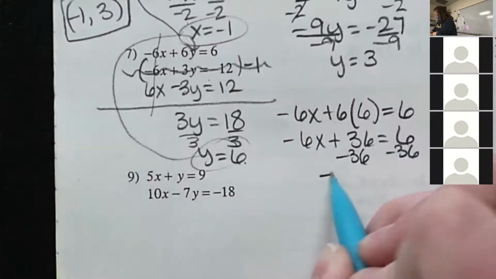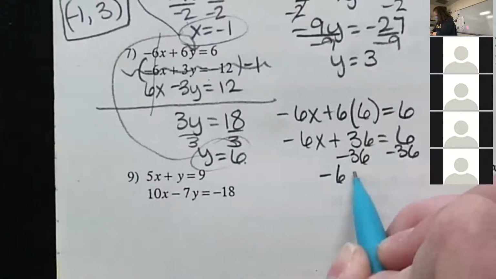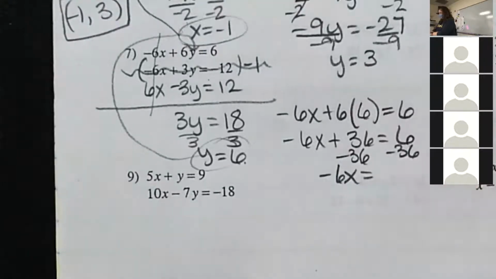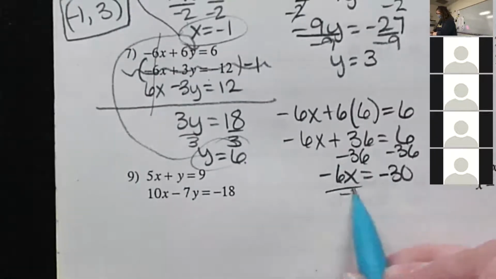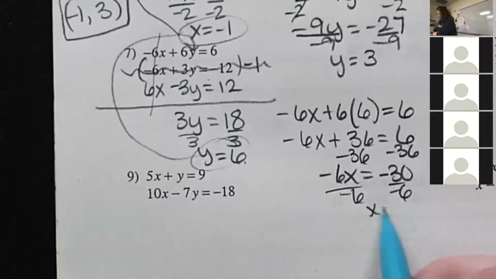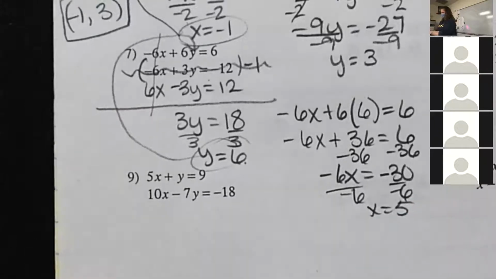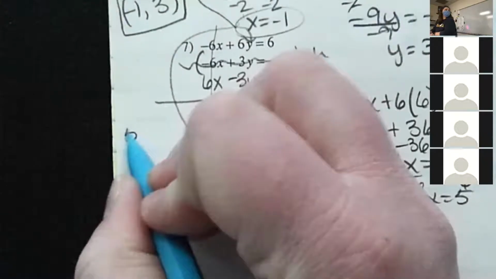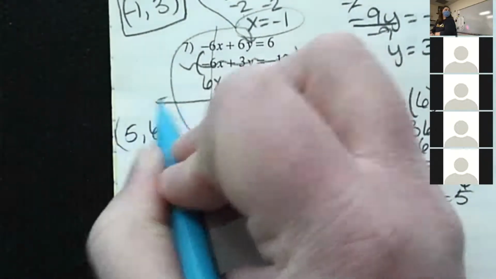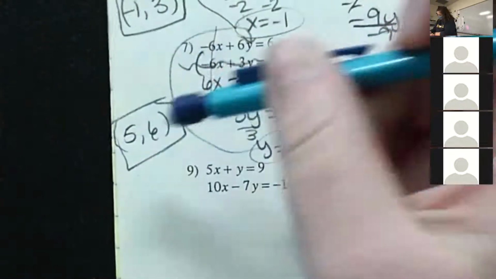What is a 6 minus 36? Negative 30, good. And then you're ahead of me, yep. So divide by that negative 6. So x is 5, you were right. So 5 comma 6. Six has a little extra tail. There we go.